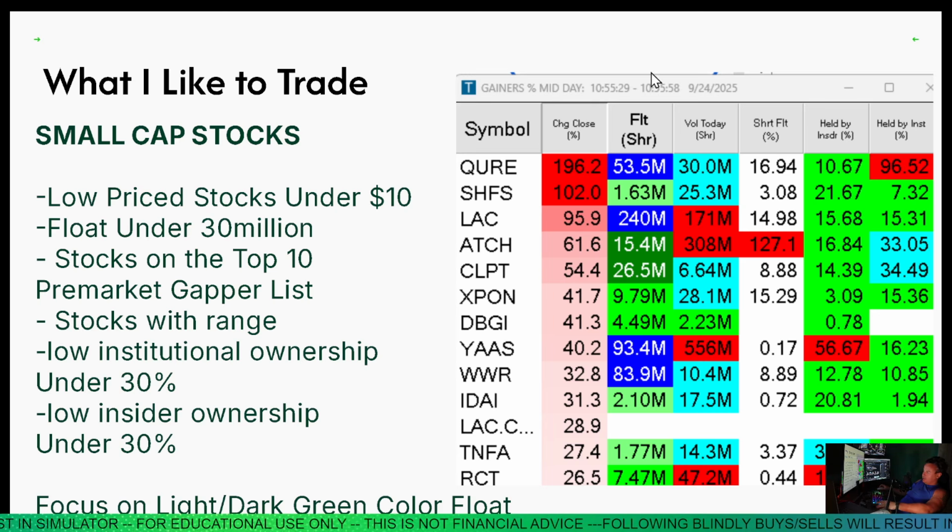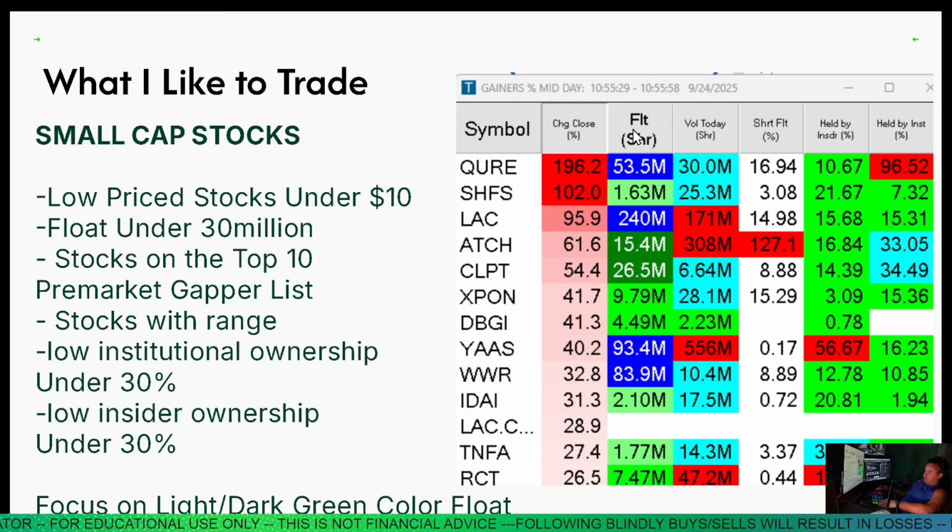As you can see over here using Trade Ideas, you can see the float section. Each and every day I look at the float section. You can see dark blue is something over 50 million. Light green and ultra light green are small floats, and dark green are larger floats, over 10 million.